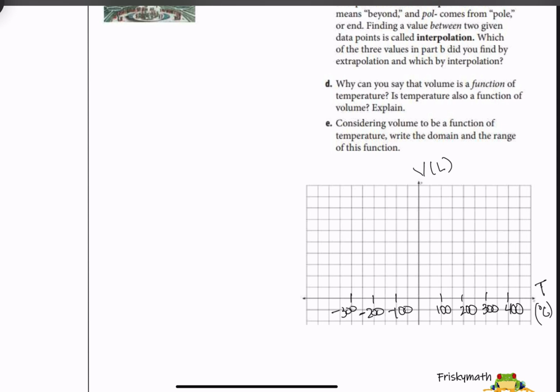All right, and then I'm supposed to go up to 35 for the volume in liters. I think I'll go by fives, but I'll do the same type of thing where I skip every other one. So we'll actually do 10, 20, 30. I'm going to go up to 40 just so 35 is included.